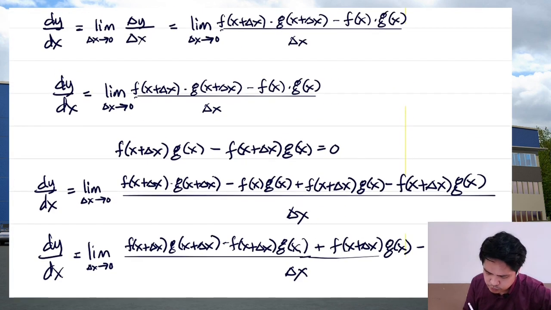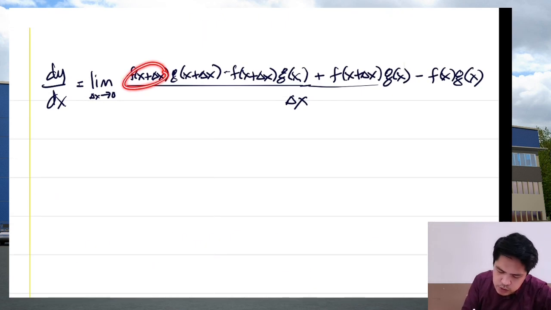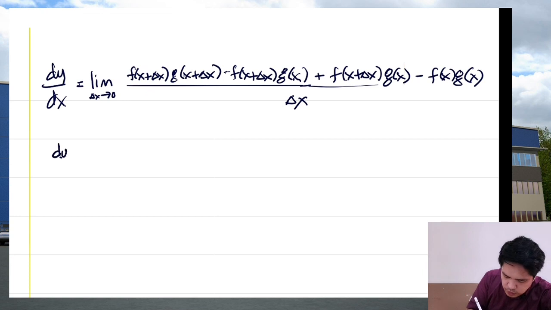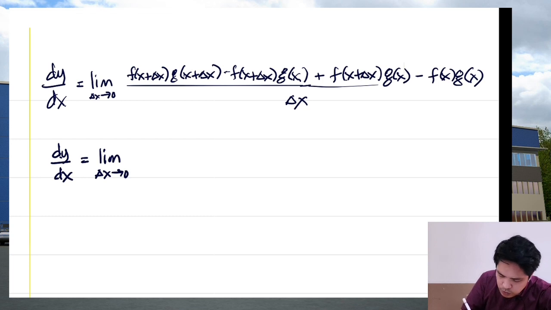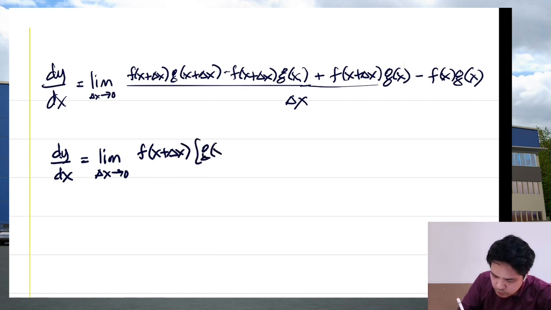Now from here we could factor out f of x plus delta x. So that would be dy over dx equal to the limit as delta x approaches 0 of f of x plus delta x times g of x plus delta x minus g of x.